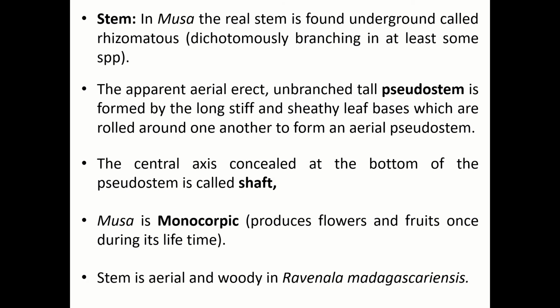Next, coming to stem. Stem is normally an underground rhizome, perennating and branched, from which the naked leaves spring. The sheaths of the leaves are rolled around one another below and form the aerial stem. This actually looks like the aerial stem.